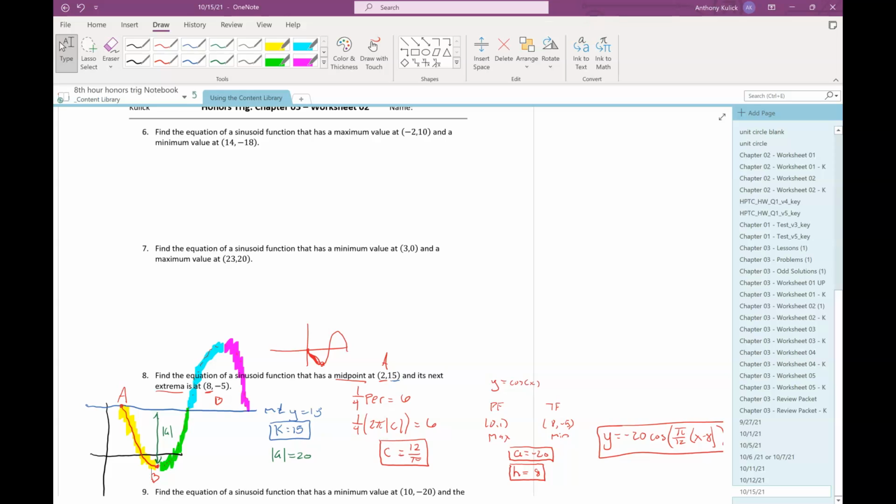Yeah, but then for number 9 on worksheet 2, you ignore the negative 20 and 18. I would not need those to find K necessarily. I could find K just by looking at the picture. Or I could use those to find K directly without having to do the mapping. But you could certainly use the mapping to find K. It's not wrong to do that. That will work also.